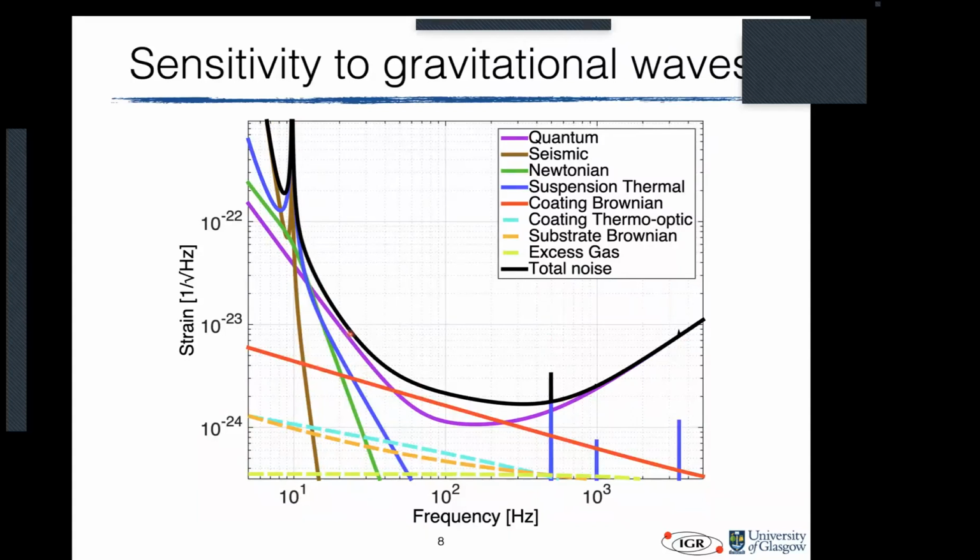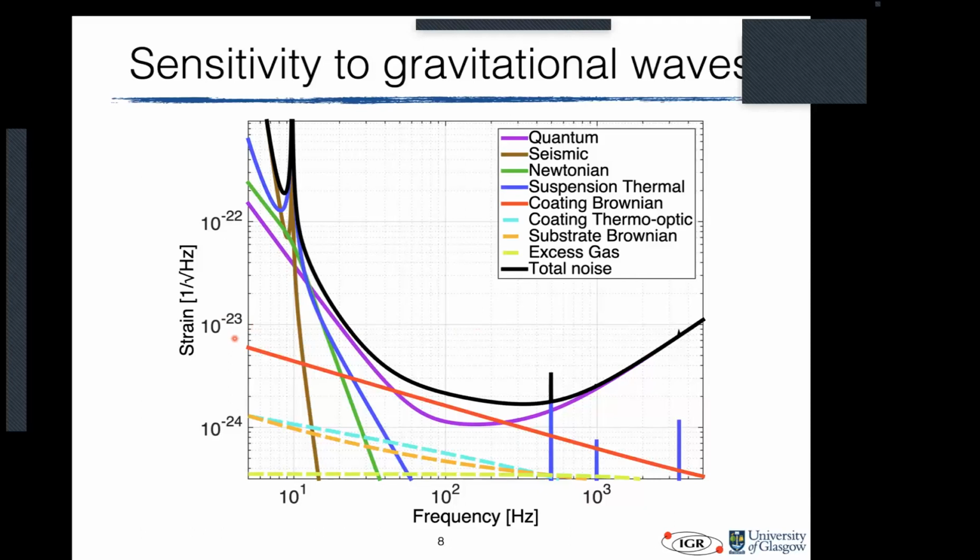So we can only observe signals that occur in this regime above here. And you can see that the estimated strains that we can see are typically 10 to the minus 23. So with detectors, the gravitational wave amplitudes that we actually detect are of the order of 10 to the minus 21, 22, 23.